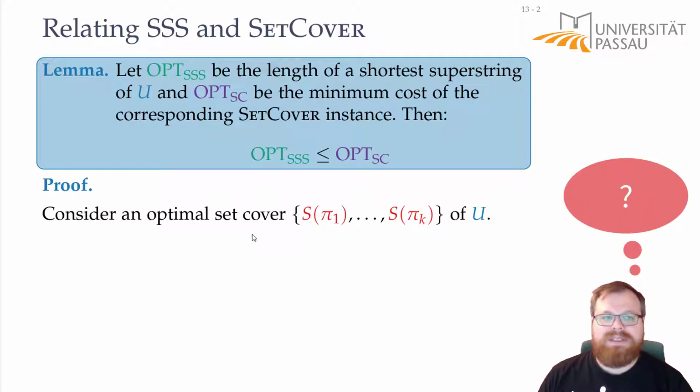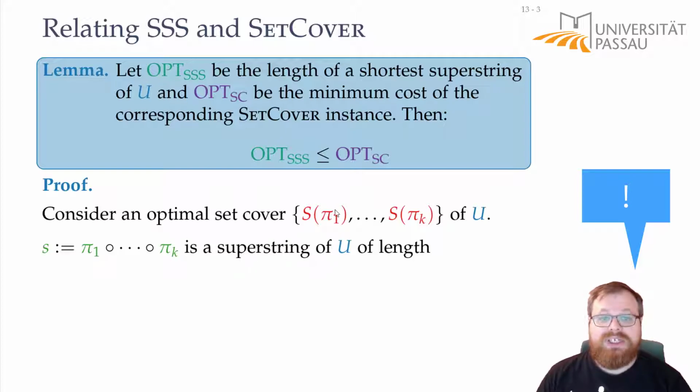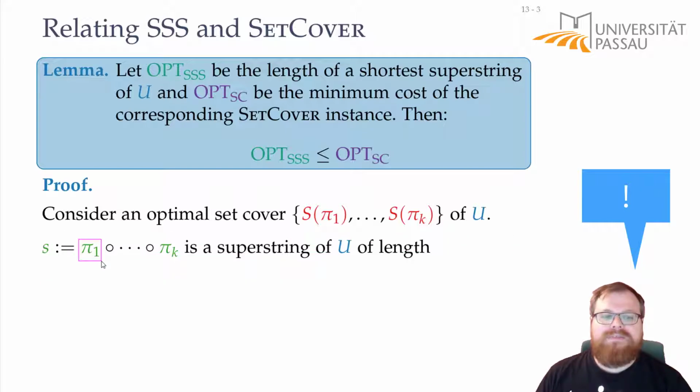How do I build a feasible solution for shortest superstring from this set cover that I have here? Each set in the set cover corresponds to some superstring of two input strings. So we can create some string by just taking all these superstrings and concatenating them. So if we take pi_1, then pi_2, and so on up to pi_k, then we get a superstring of the input. And what is the length of this string? The length of pi_1 is the cost of the set that corresponds to pi_1.